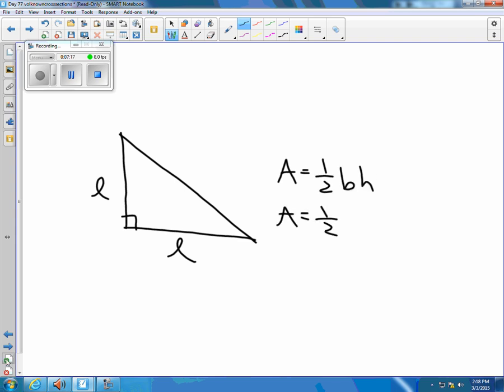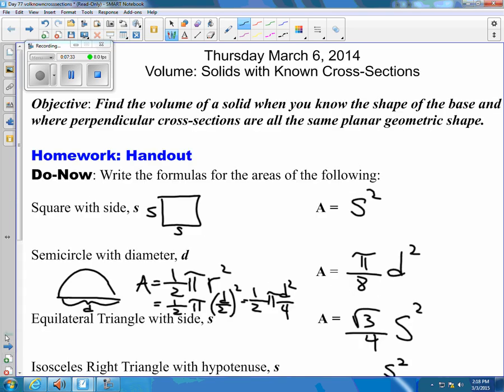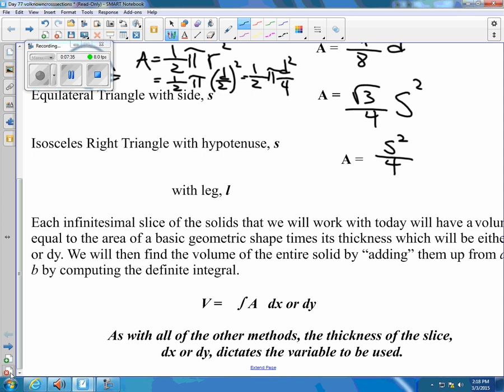We'd use one leg as the base and the other leg as the height. So we just get L squared over 2. So the area of an isosceles right triangle is also equal to the leg squared over 2. And we need to know both of those. So it's either hypotenuse squared over 4 or leg squared over 2.